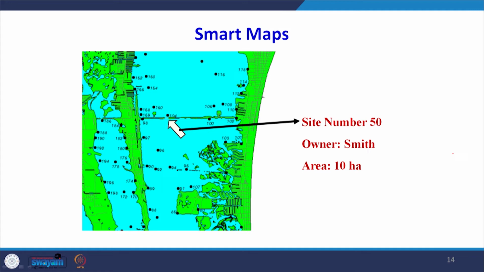If you click on a particular location, you will get the site number, who is the owner of that particular plot, what is the area of that plot, and so on. So you can get lots of information which has been stored in the GIS database. Smart maps are interactive maps, not just a graphical representation, but there is a two-way communication, and numerical data is also attached to that.